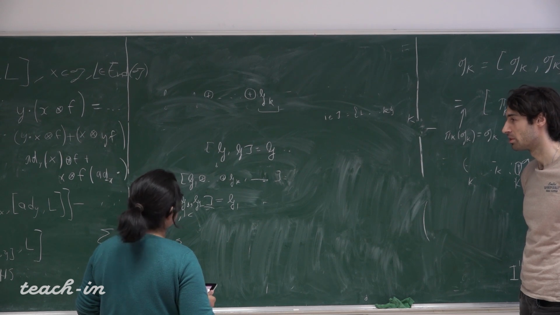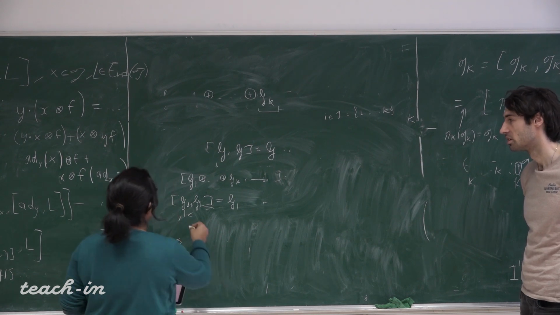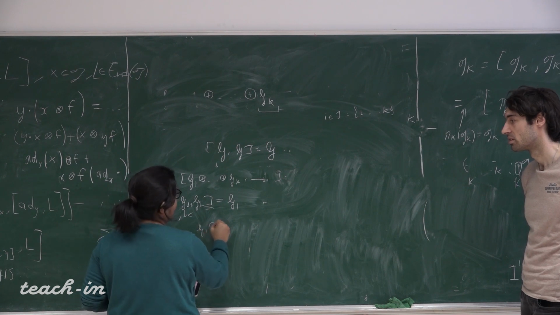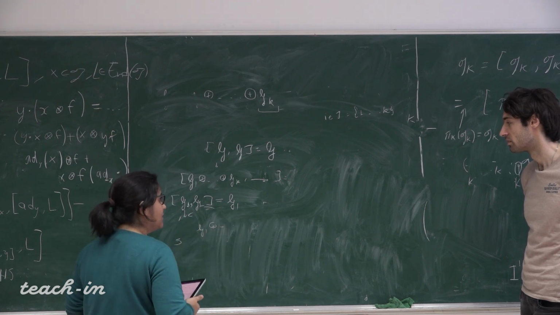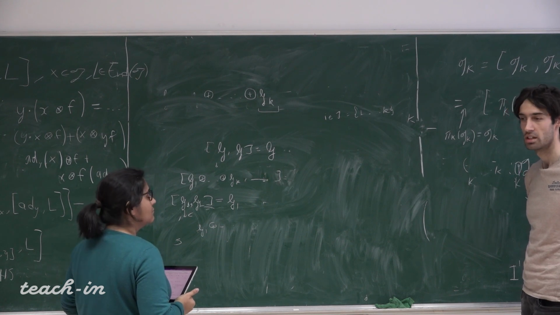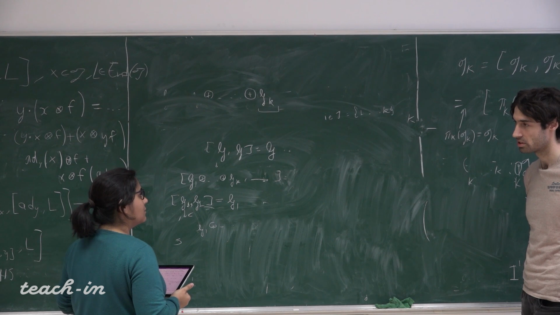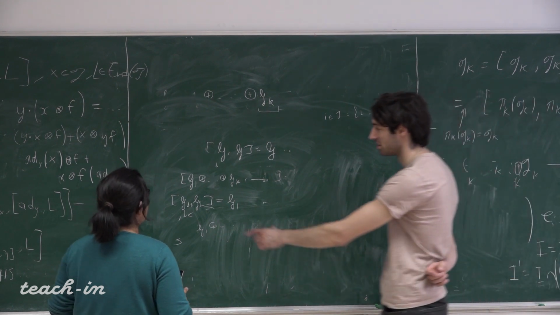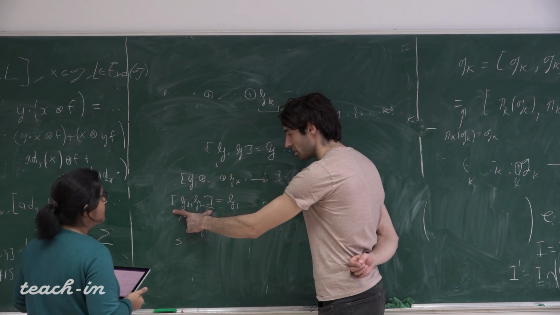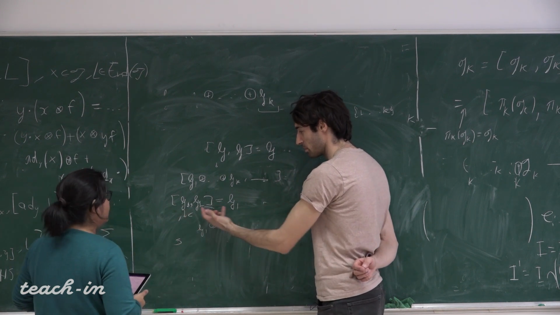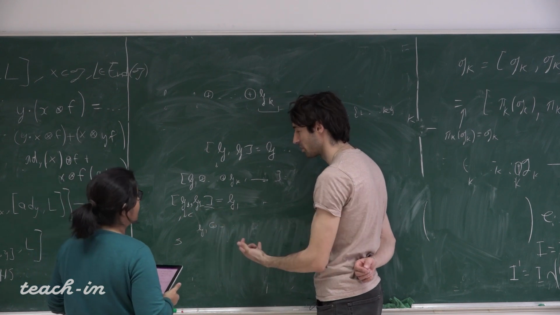So simple means what? That it cannot be written as a sum of something. It doesn't have proper ideals. But this guy is an ideal. So if it's smaller and non-zero, it's a proper ideal inside g1, so it cannot happen.